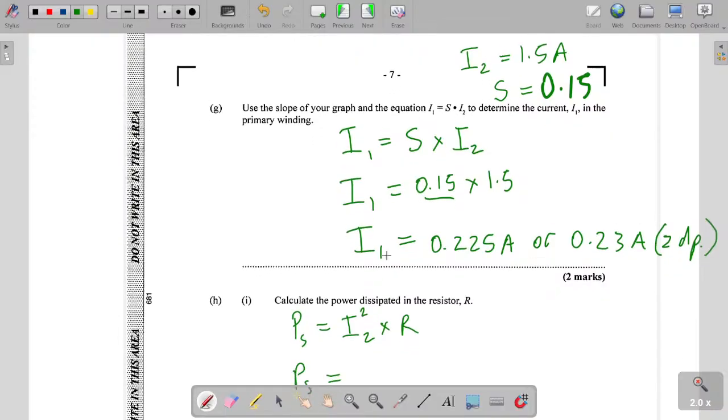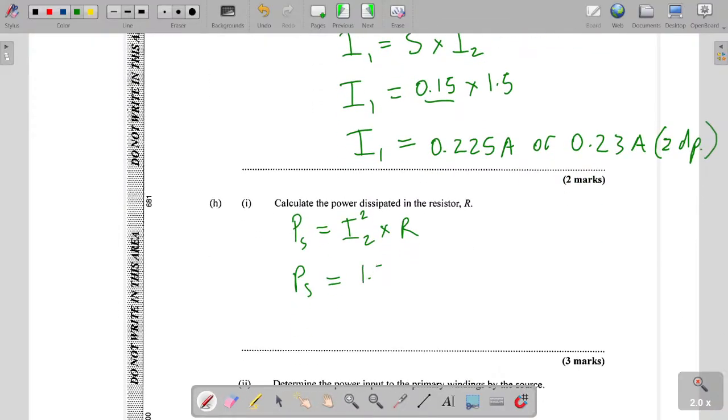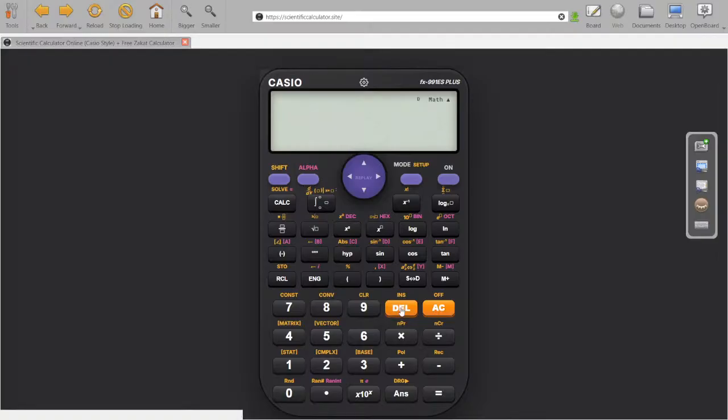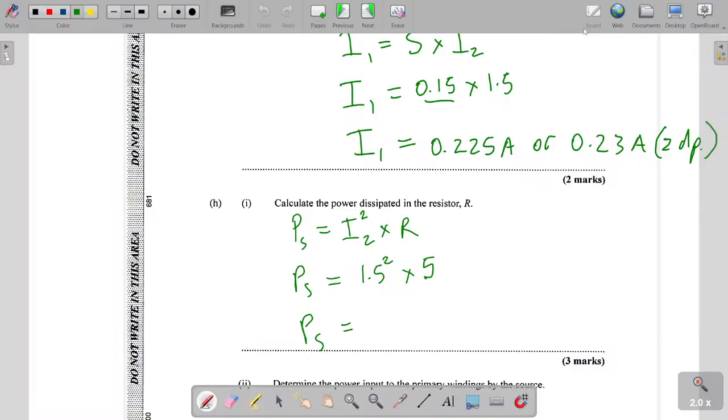So I2 was 1.5 amps, so it's going to be 1.5 amps squared times 5, which is the resistance, so 5 ohms. So that means the power will be equal to 1.5 squared times 5, so our answer is 11.25 watts. So our answer here is 11.25 watts.